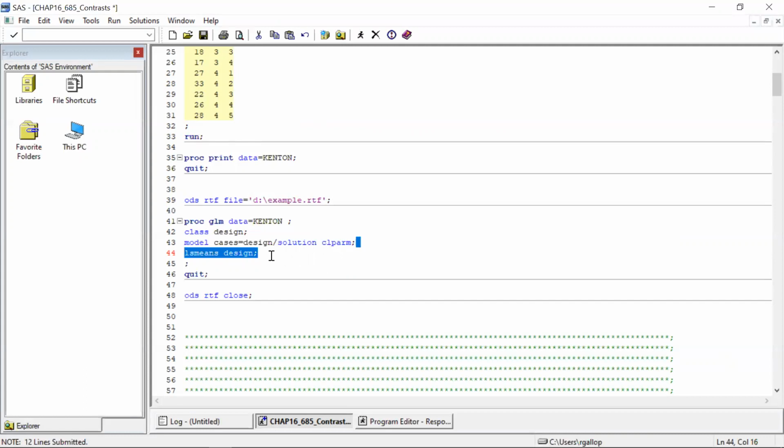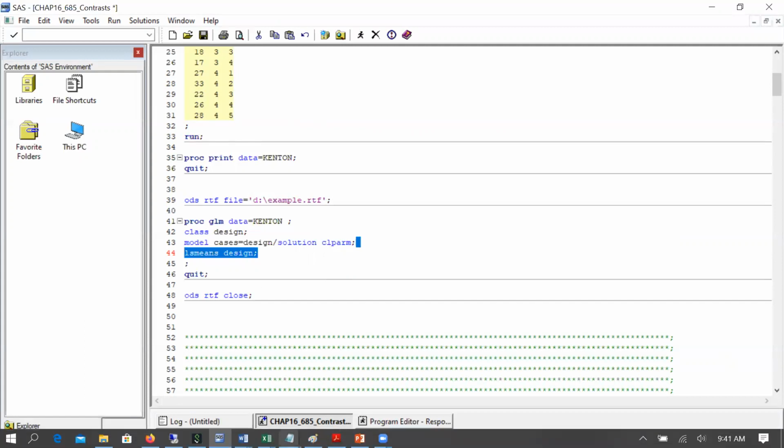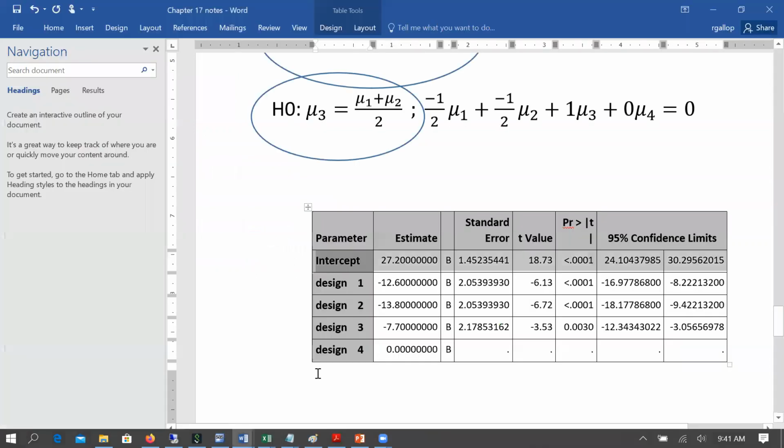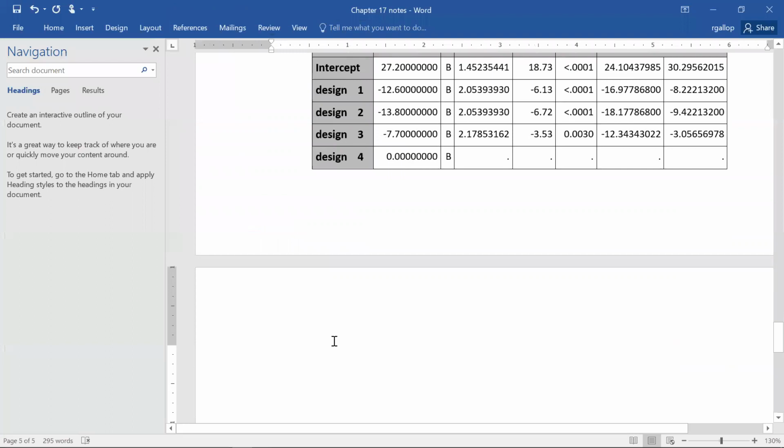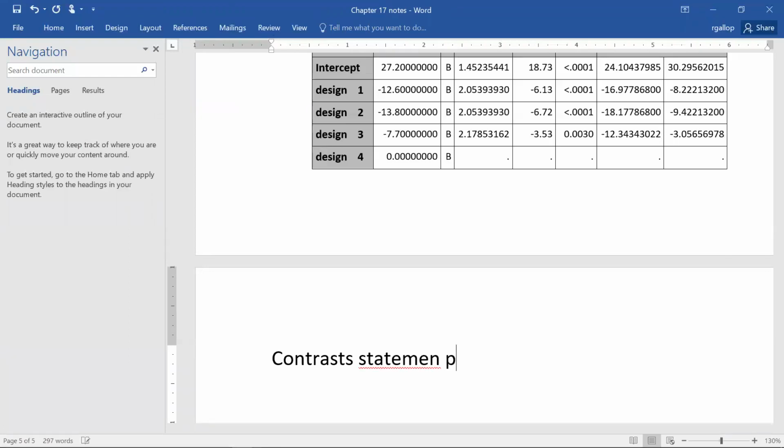The contrast statement performs contrast. And I know that sounds like asking a 7-year-old what the definition of thorough means.